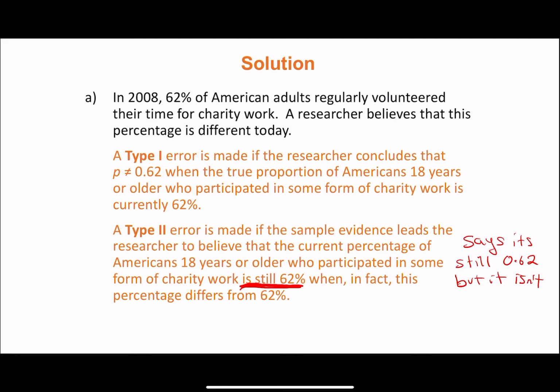So he says it's true and fails to reject when H1 is true. So he fails to reject when the null hypothesis is different. It is different from the 62%, but he's failing to reject.